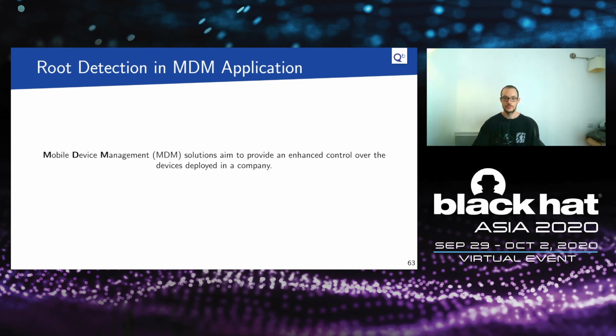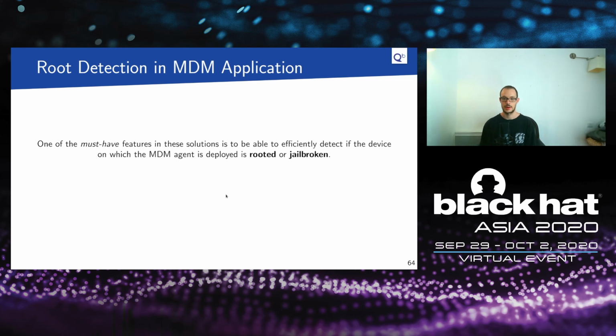One of the features in this solution is to be able to detect if the device is rooted or jailbroken. Because if the device is rooted, it's quite straightforward to bypass all the protections. So this is one of the key points in this solution if they want it to work well.